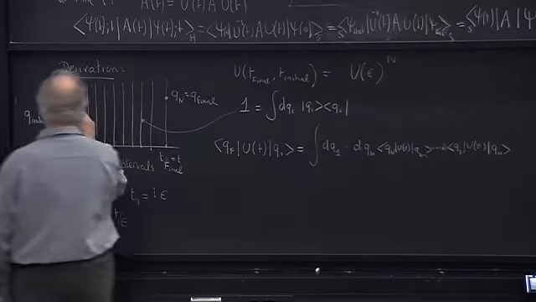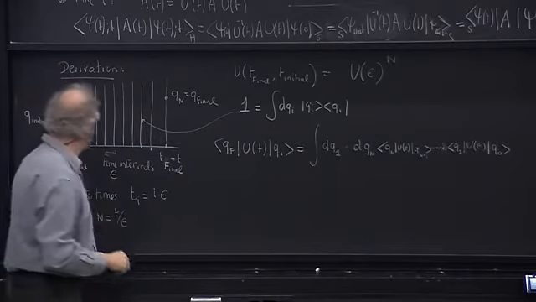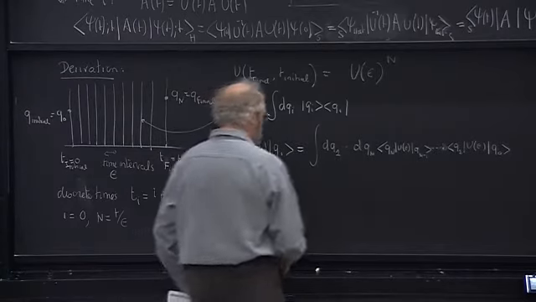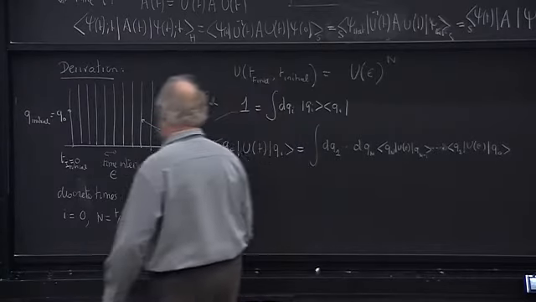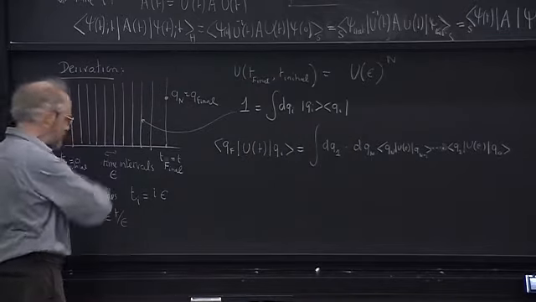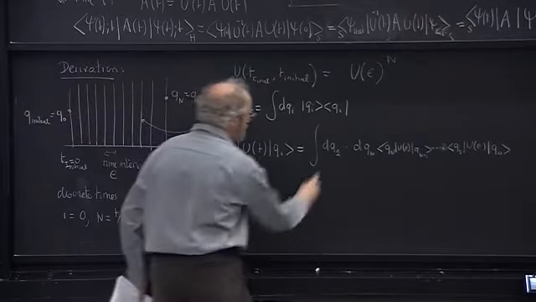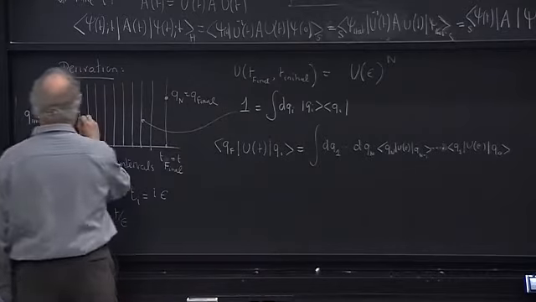You decompose the evolution into each term. Okay. So the q_i are just dummy integration variables. You integrate over them.